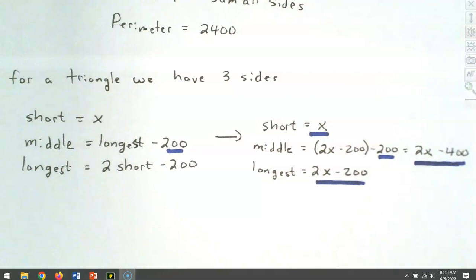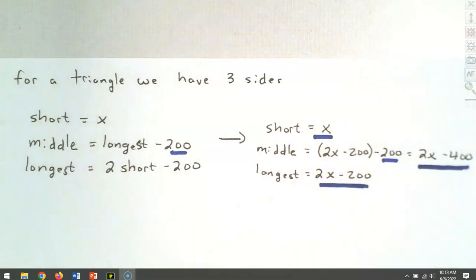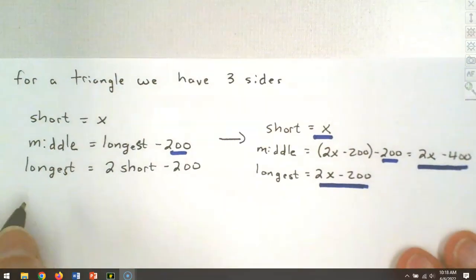So is everyone okay with that so far? I broke it down, I like to use words, and transform it into the variables. Now let's think about what we have. A moment ago, we talked about our perimeter, and the perimeter was the sum of all the sides.